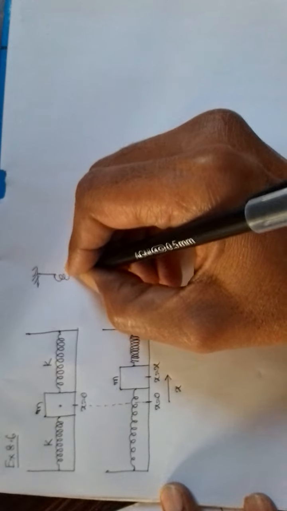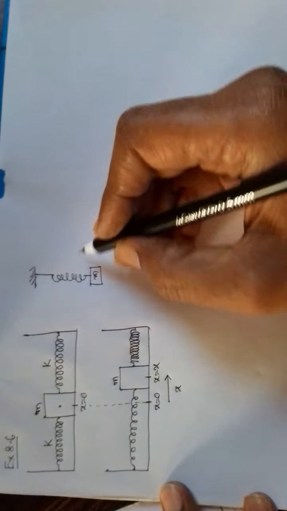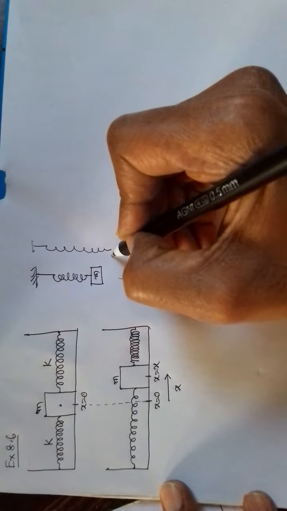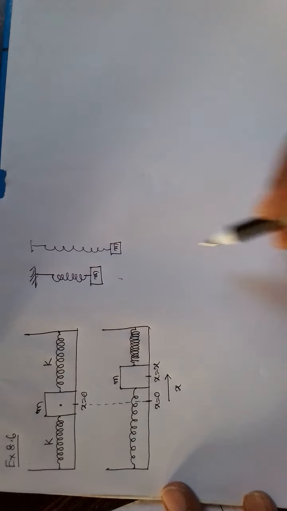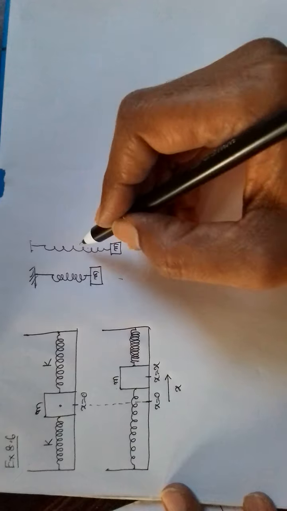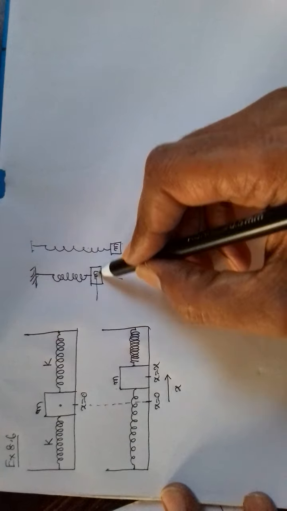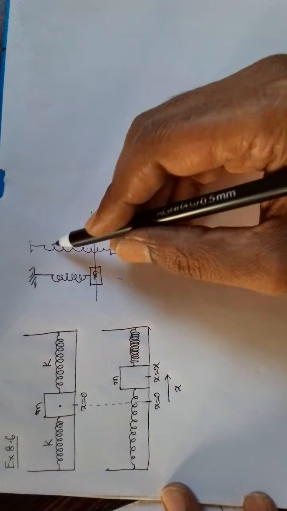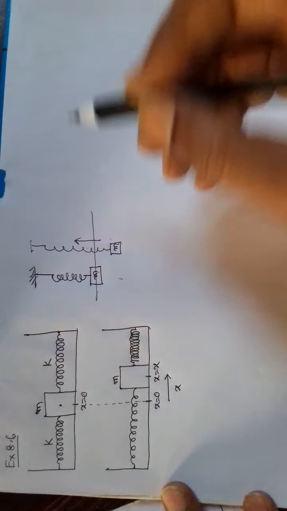See here, you have taken a spring and you have attached a mass to this. Now you pull the spring down and leave it there. What happens? Inside the spring, a restoring force is developed and that force moves the mass upward. See, this is the mean position. So the restoring force inside the spring takes the mass upward.